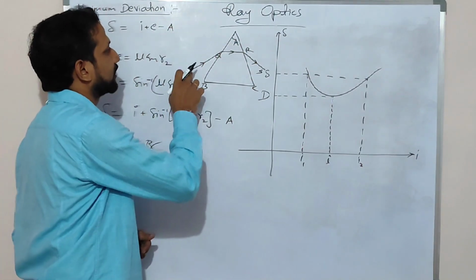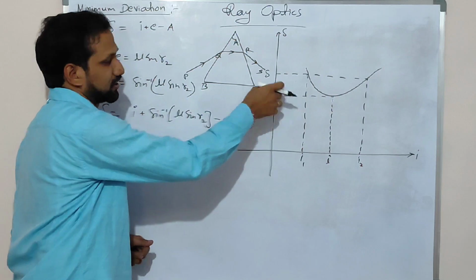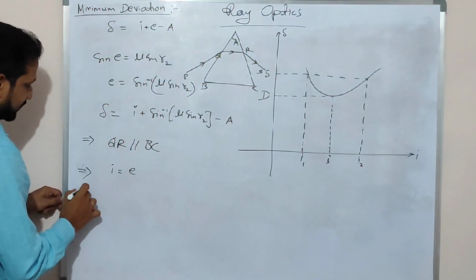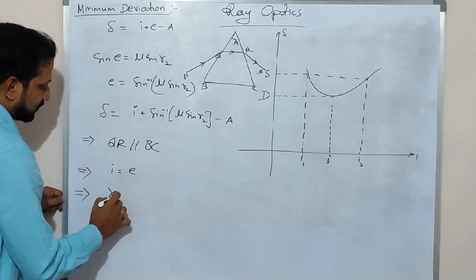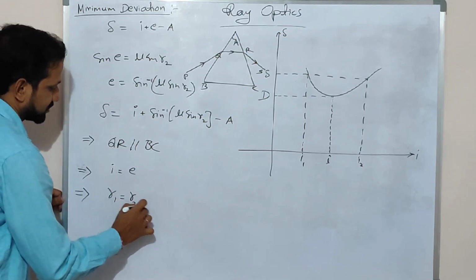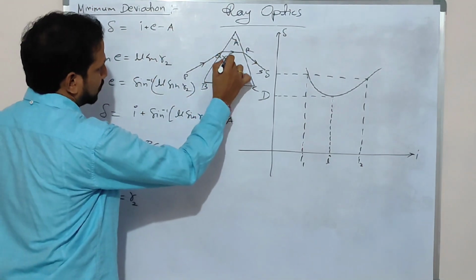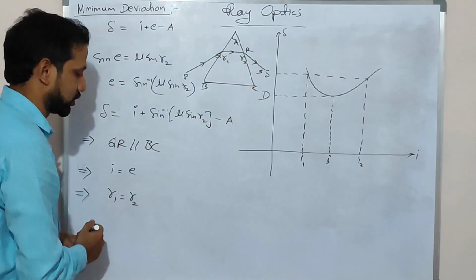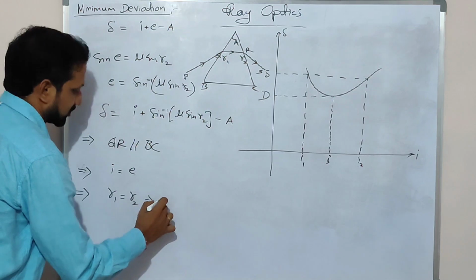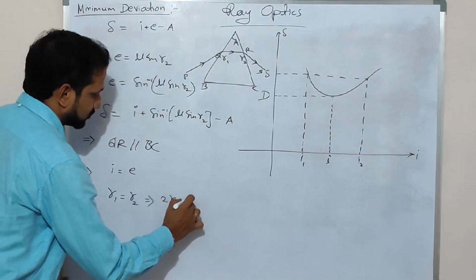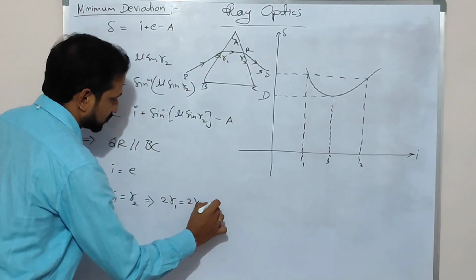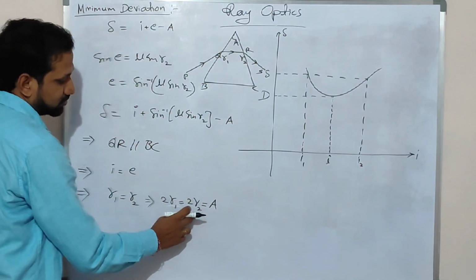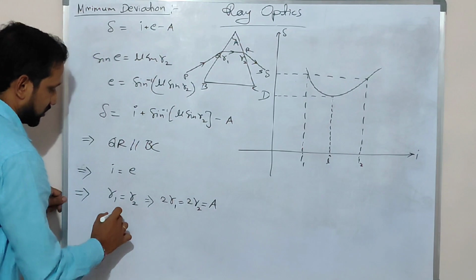That is, at whatever angle it is incident, with the same angle it will emerge out. And one more: the angles of refraction R1 and R2 inside the prism, which we have discussed already, are equal. So R1 equals R2, and from this 2 times R1 equals 2 times R2, which equals capital A. Or R1 equals R2 equals half of A.